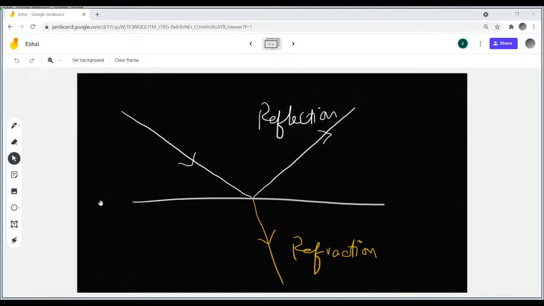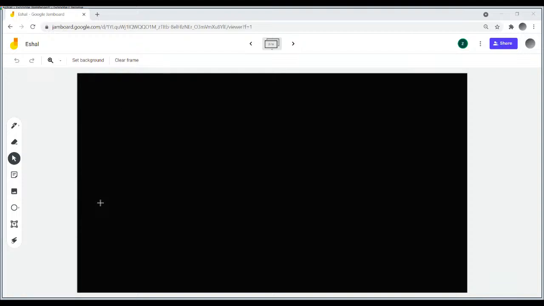Then the third thing that we have got is diffraction. Diffraction mein kya hota hai? Agar main ye erase kar doon, I've got this small opening and let's say a wave approaches this small opening. When it hits this opening, iske baad kya hoga? Would it shrink? Would it reflect?